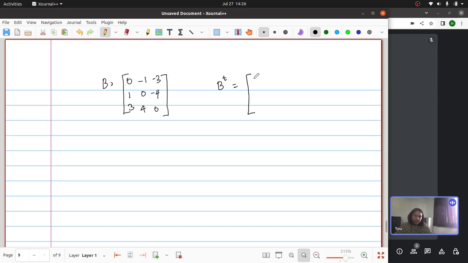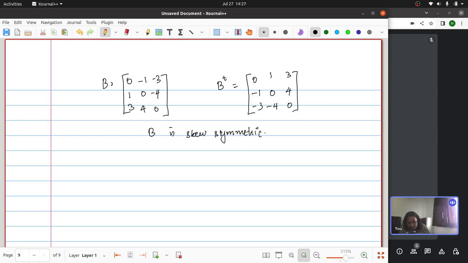The first row becomes the first column, second row becomes second column, third row becomes third column. So, B is skew symmetric.